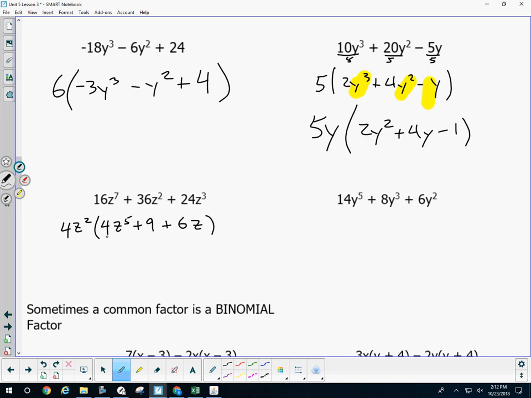You look and you see I can't pull out any other numbers. So you're done. You look to see, can I pull out any more z's? Nope. So you're done. Do the next one.